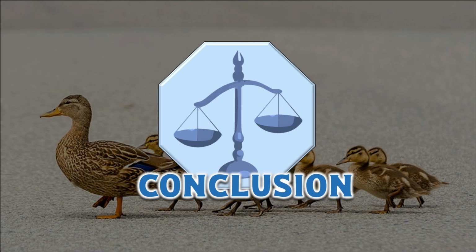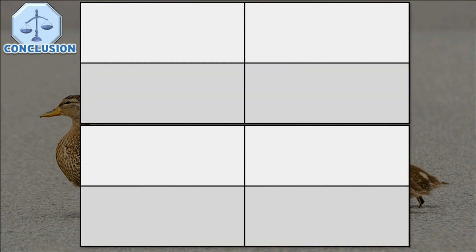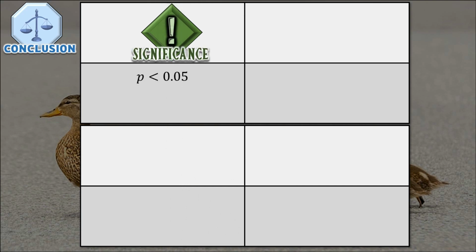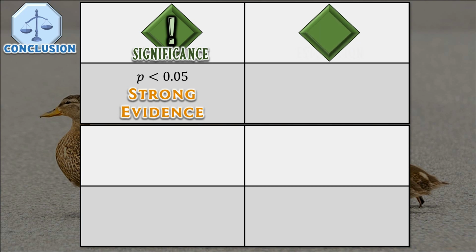So, for our conclusions, finally, at long last, when it comes to significance, I actually have strong evidence. My p is less than 0.05. Oh, it's been too long. But I do have strong evidence, and I will reject the null hypothesis that there is no association between the two variables.